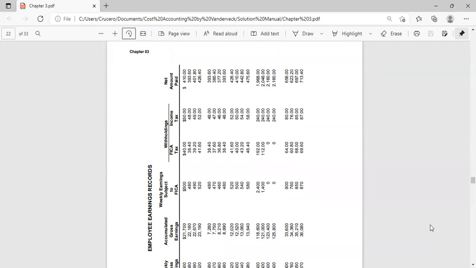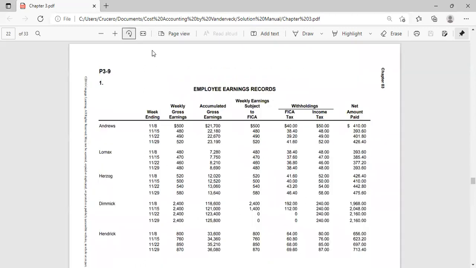So we now get 3-10, and so far this is the longest problem, and let's try to take this up.